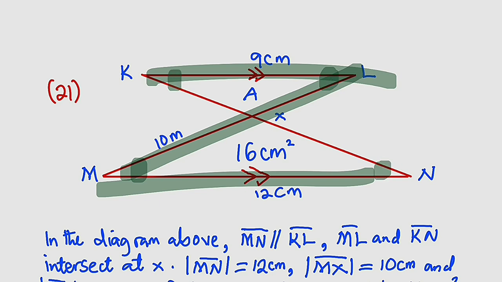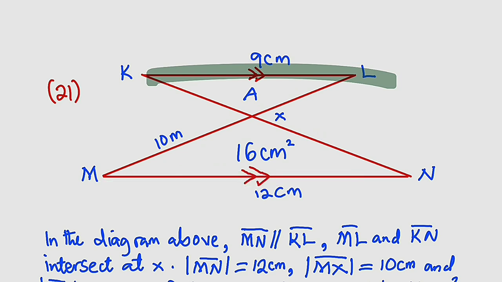Likewise, this angle must be equal to this one, and opposite angles are equal. So all their interior angles are the same. So it implies they are similar shapes. All right. If they are similar, we can use scale factor to find the area of the smaller figure here.